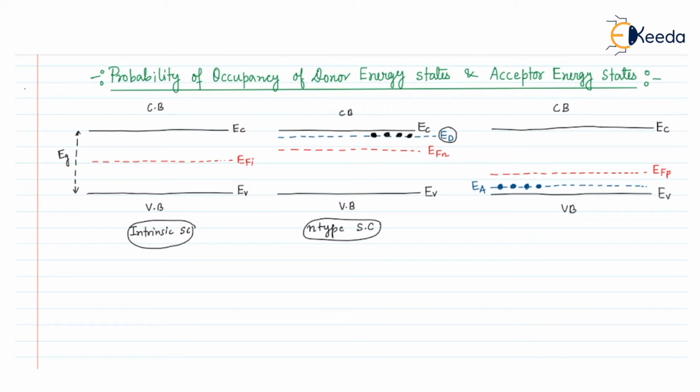In this way, we can draw the N-type and P-type semiconductor energy band diagrams. In the N-type semiconductor, we have created an ED energy level, the donor energy states, and in the P-type semiconductor, acceptor energy states have been created due to the doping.